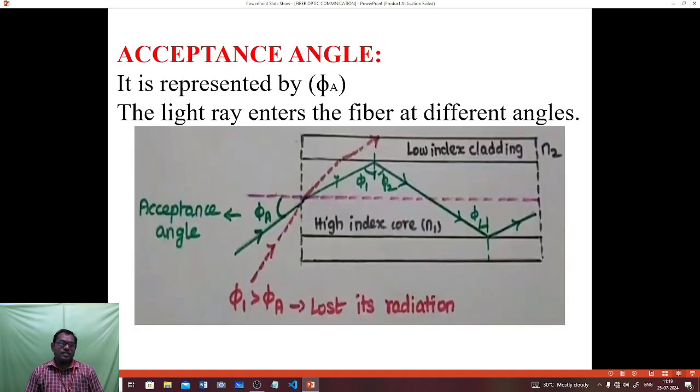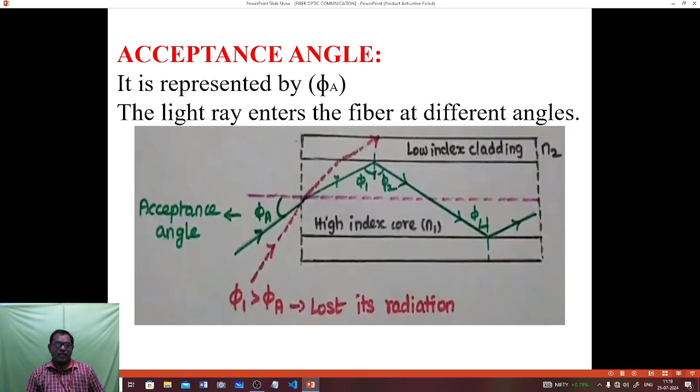So next we will discuss acceptance angle. It is represented by phi a, and the light ray enters the fiber at a different angle. We know that light can travel inside the core of the optical fiber over a long distance. So the acceptance angle phi a lies within the high index core.